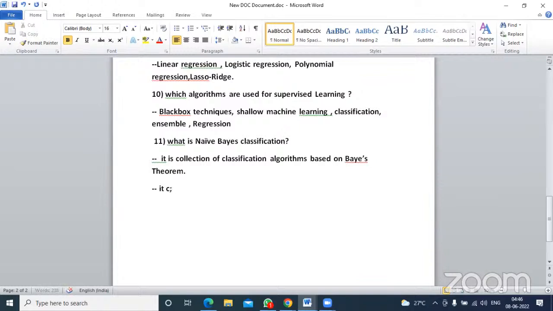It classifies every pair of features being classified as independent of each other.